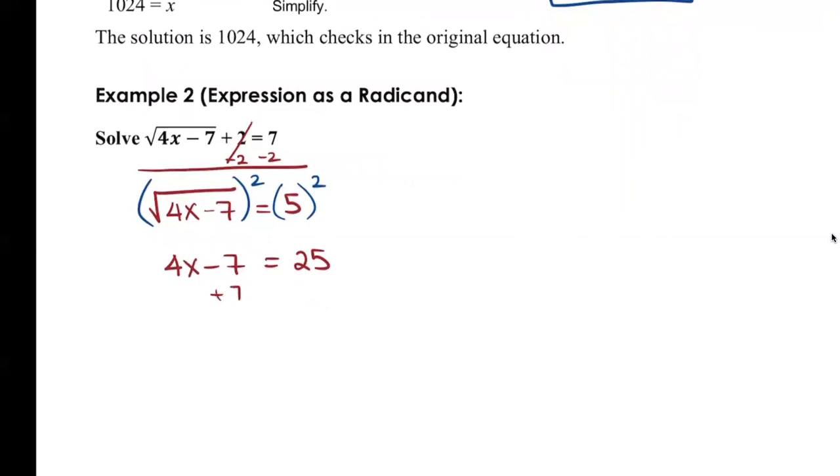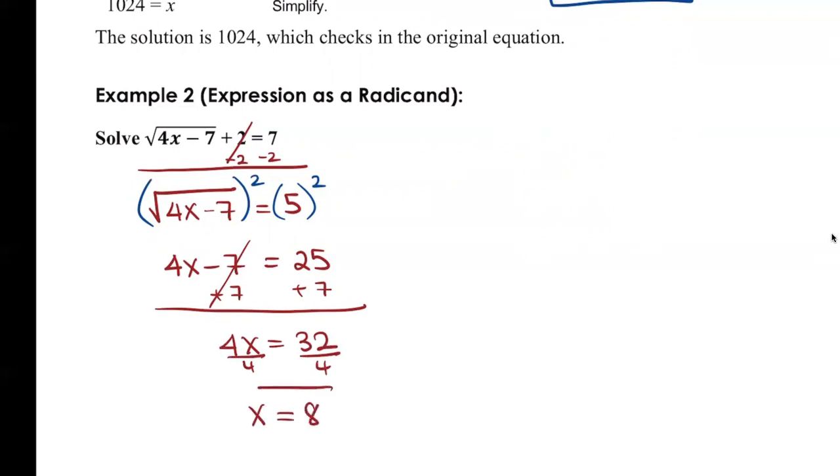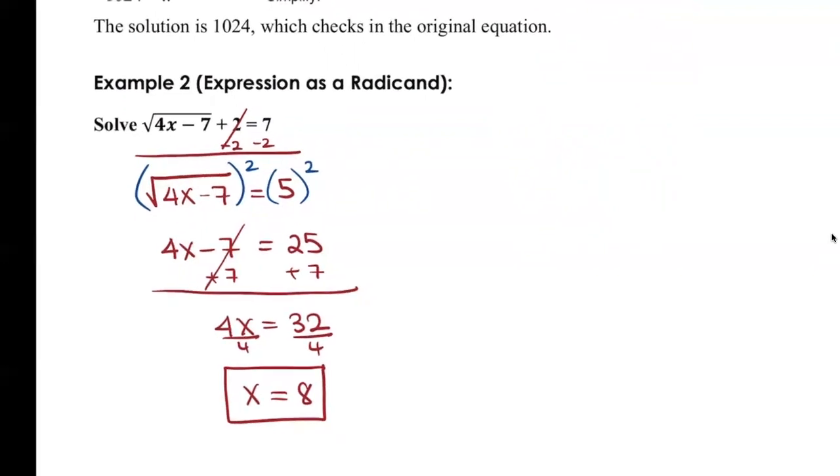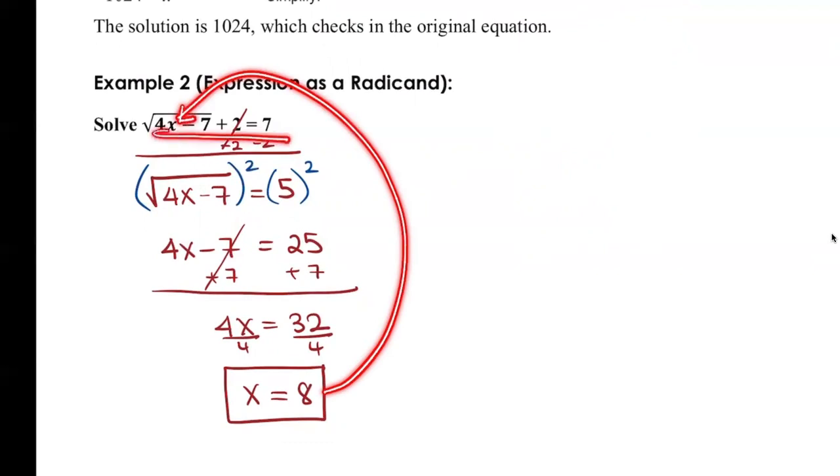So add 7 to both sides, and then solve for x by dividing by 4. And that is your final answer. So we solve for x, and when you plug that in right there, we know this equation will be true.